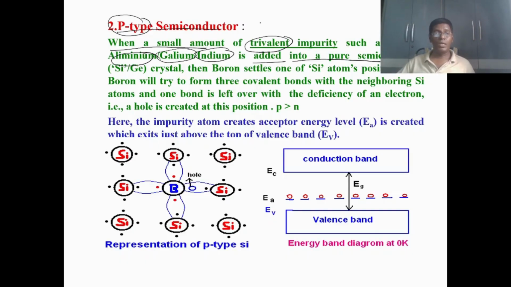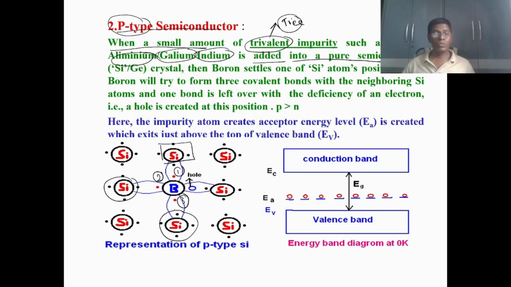Already we know that this is a trivalent impurity. What do we mean by trivalent impurity? These have 3 valence electrons: the first electron of the boron, the second electron of boron, the third electron of boron. So 3 electrons of the boron bond covalently with 3 electrons of neighboring silicon.